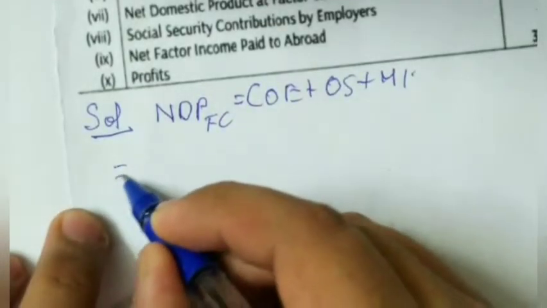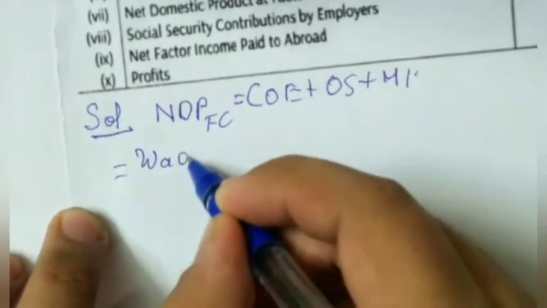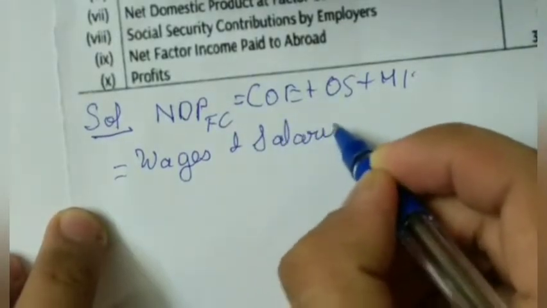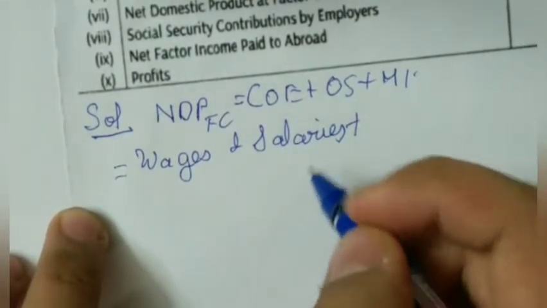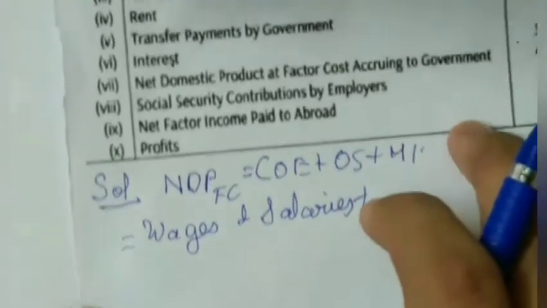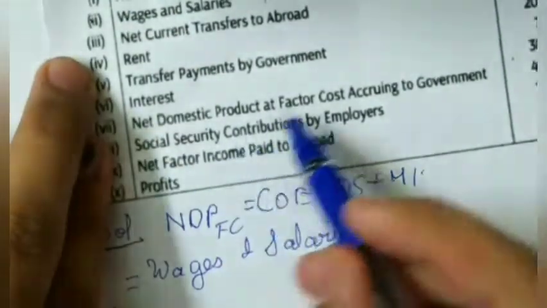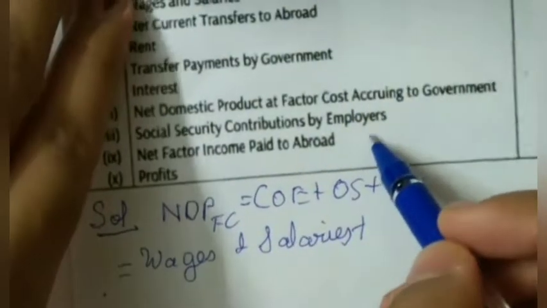So it's equal to wages and salaries plus social security contribution by employers.